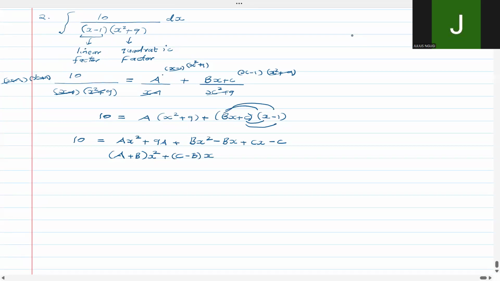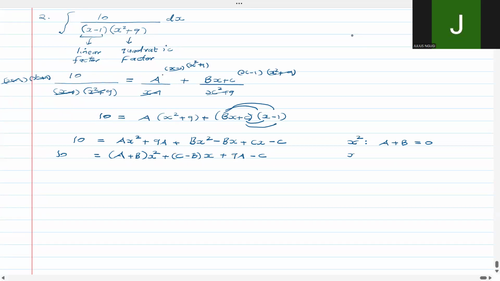And the constants, they don't have any x. It's 9A minus C. On the right-hand side, you only have 10, which is a constant. So meaning that for the coefficient of x squared, you can write like this, x squared. On one side, we have A plus B. On the other side, we have 0, because there's nothing there which has x squared. So the coefficient should be 0.